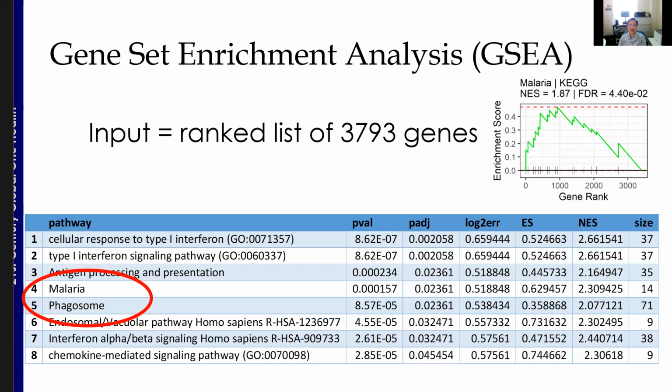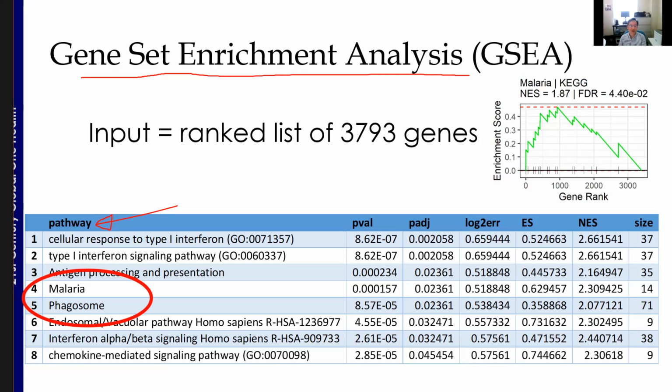And then we use a technology called gene set enrichment analysis. Instead of only looking at the most significant genes, we look at the whole ranked list of genes. This study suggests that there are 8 significant signaling pathways that differ between these two groups of patients.